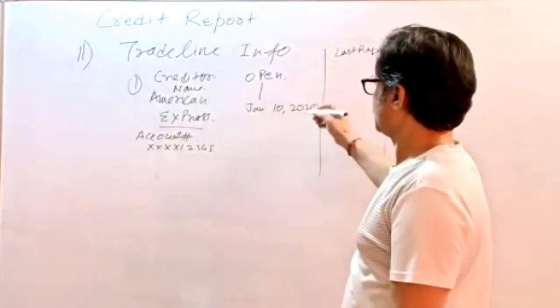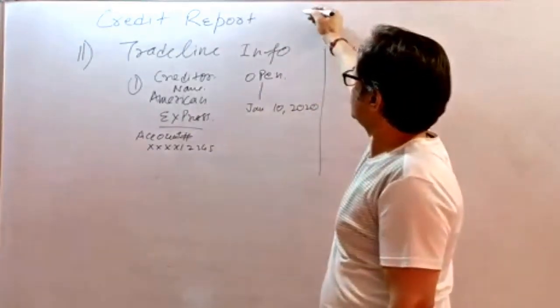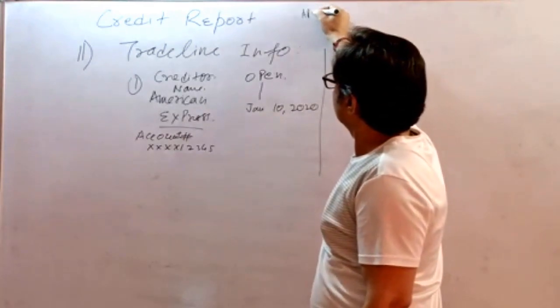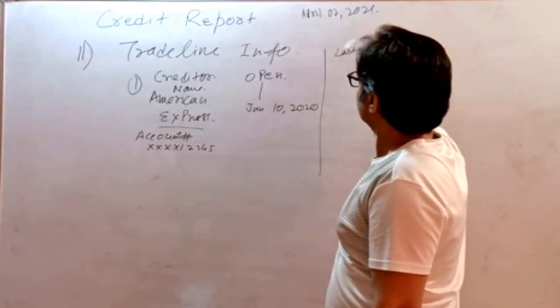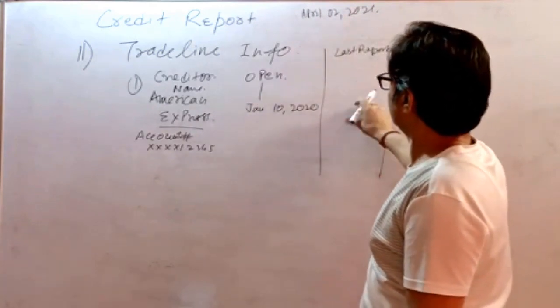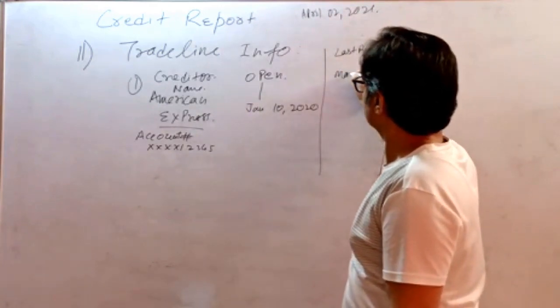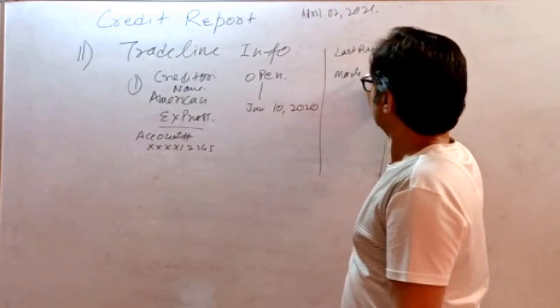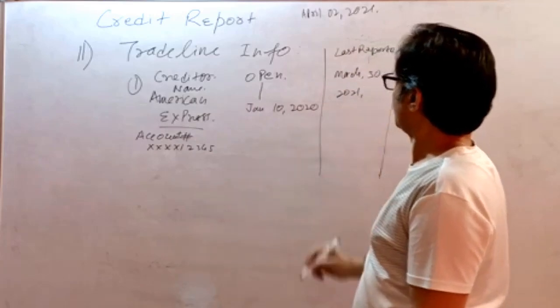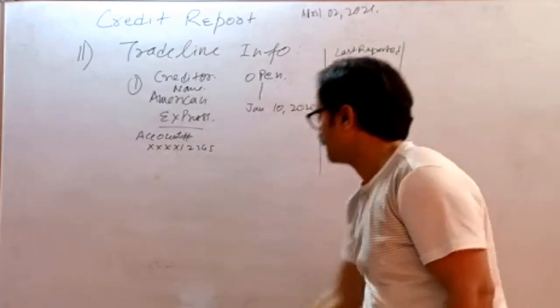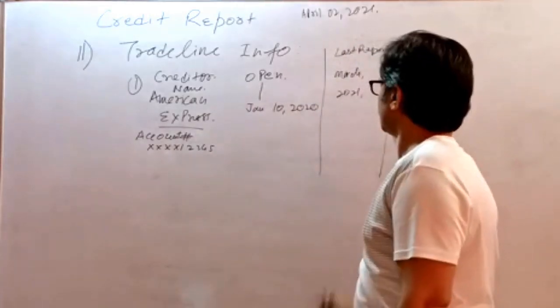So there is a possibility the credit report date is April 2021, and the data has been reported till March 30th, 2021. Or it could be March 10.